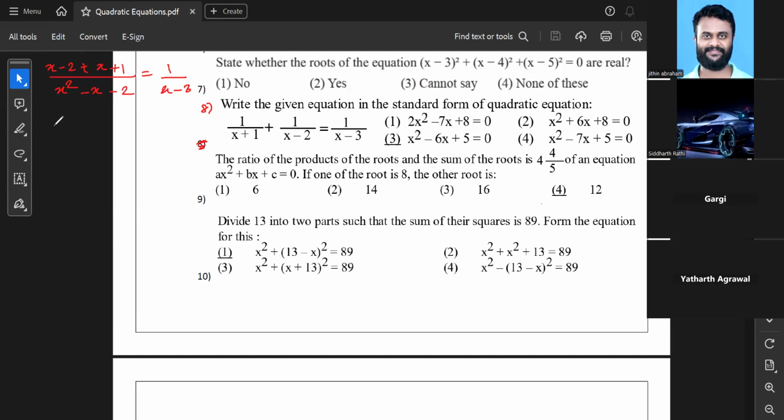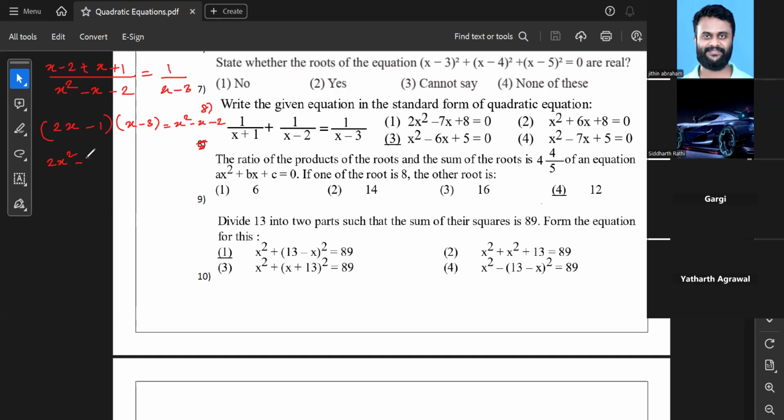Now, x and x adds to give me 2x, minus 2 plus 1 adds to give me minus 1. Then I'll take this x minus 3 to this side. That means I'll be multiplying this with x minus 3, and on the other side I'll be having x square minus x minus 2. Now, 2x into x is 2x square. 2x into minus 3 is minus 6x.